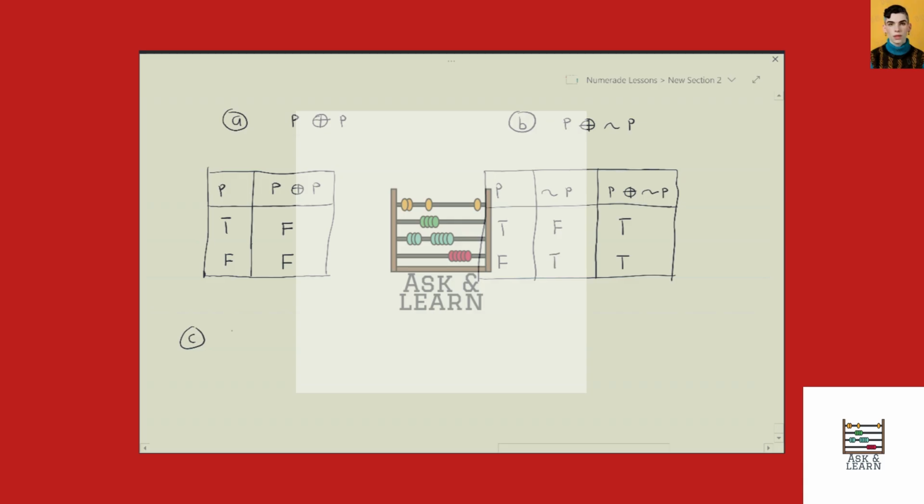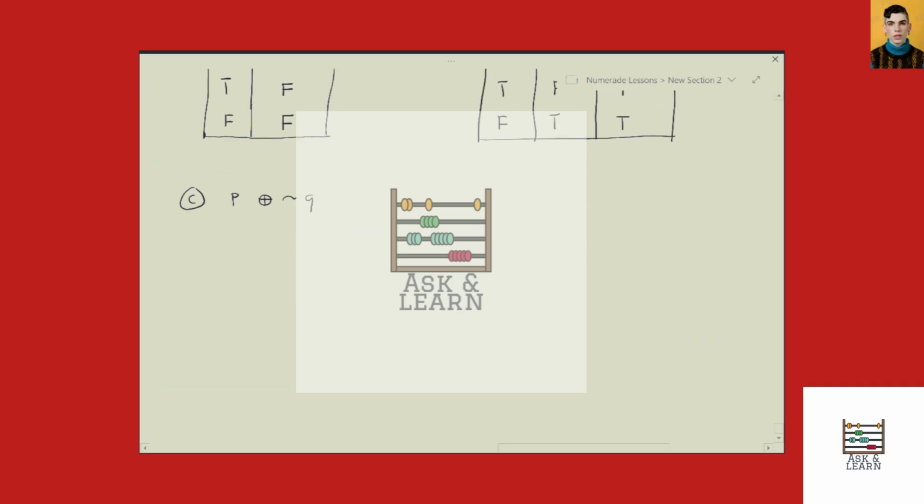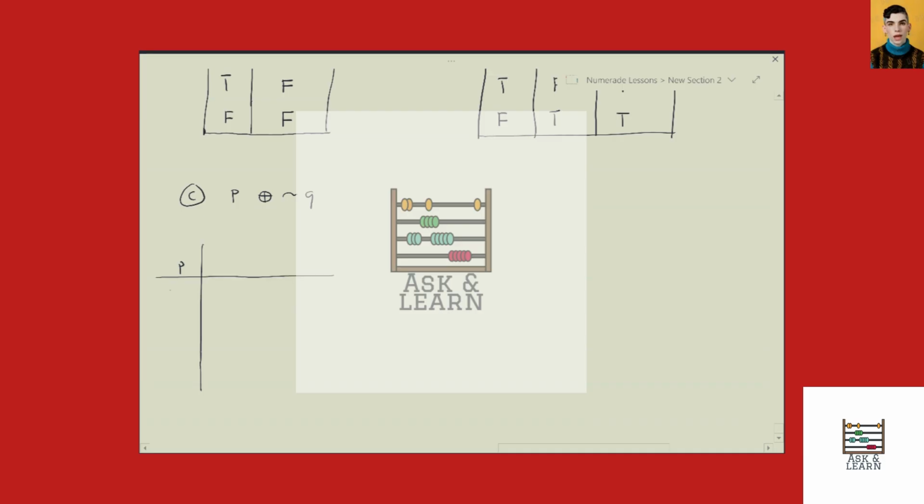That is P exclusive or negation of Q. Okay. So here let's have a P that is true and true, a false and a false.